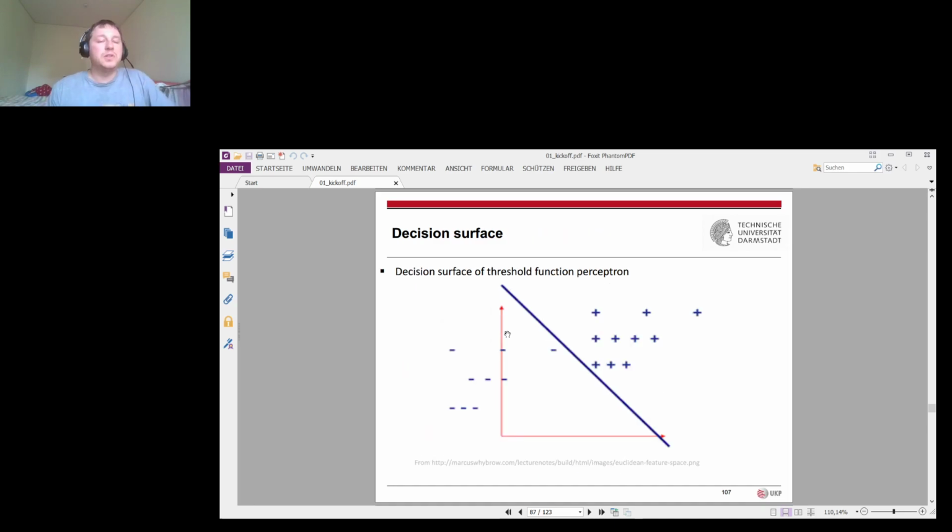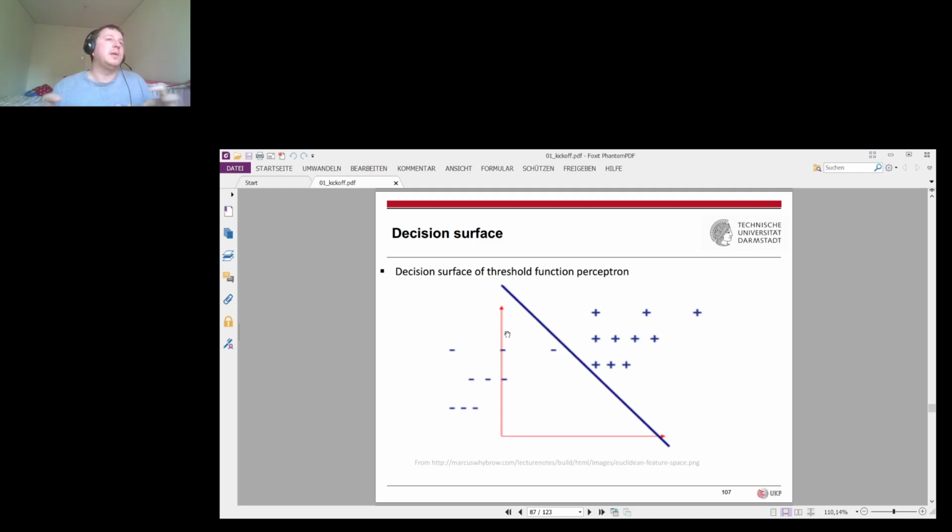Now, what is the decision surface of any machine learning classifier? As we will see in lecture 2, there are different machine learning classifiers, and they have decision surfaces. What do these decision surfaces mean? Well, a machine learning classifier typically, in a standard setting, gives out classes. So it says this point is a dog, this point is a cat, this point is an elephant.